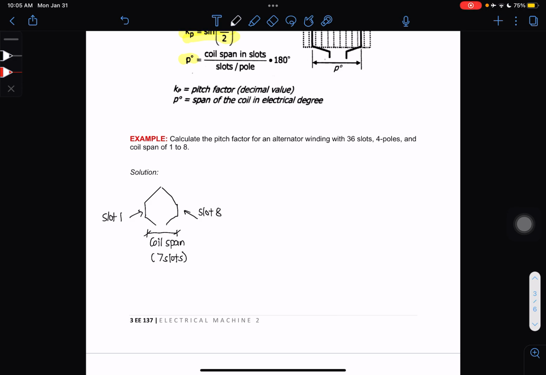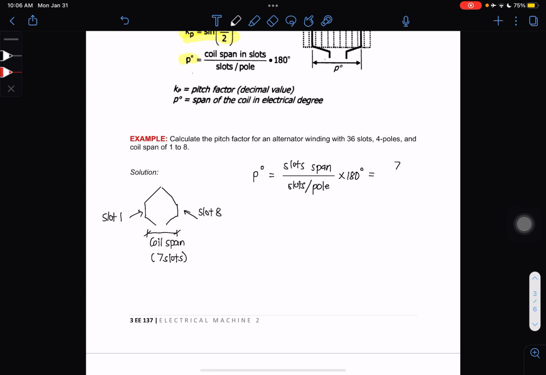So to solve for our pitch factor, we need to solve first the span of the coil. So let's write: span of the coil is equal to slots in span divided by the slots per pole, multiplied by 180 degrees.